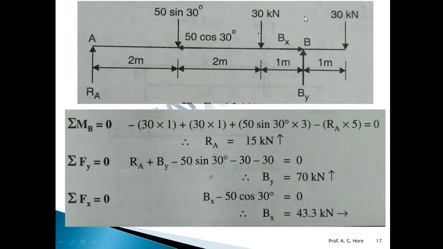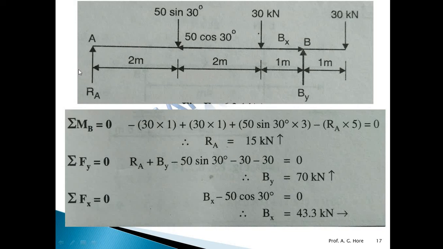This 30 is in the anti-clockwise direction, so plus 30 into 1. Then this 50 sin 30 is rotating anti-clockwise, so plus 50 sin 30 into 3, the perpendicular distance, and Ra is rotating clockwise, so Ra into 5. So you will get Ra, since only one unknown is there, so Ra हमें मिल गया.